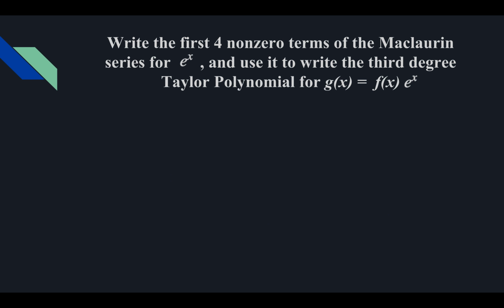In part C, we are to write the first 4 non-zero terms of the Maclaurin series for e to the x. Then use e to the x to write the third degree Taylor polynomial for g of x equaling f of x e to the x.